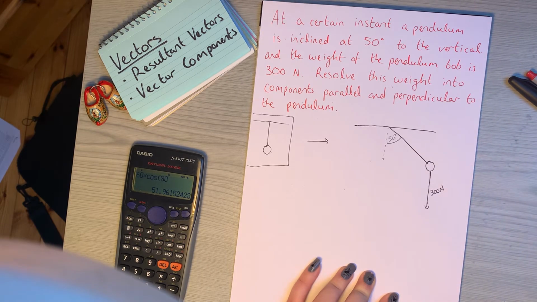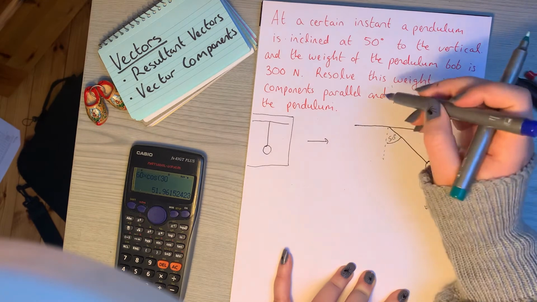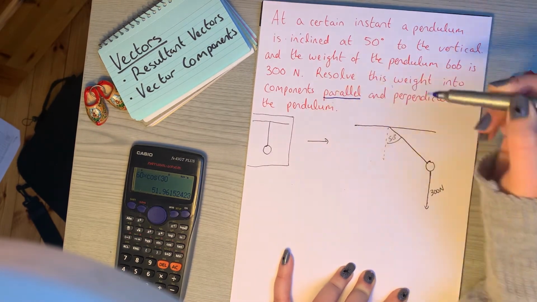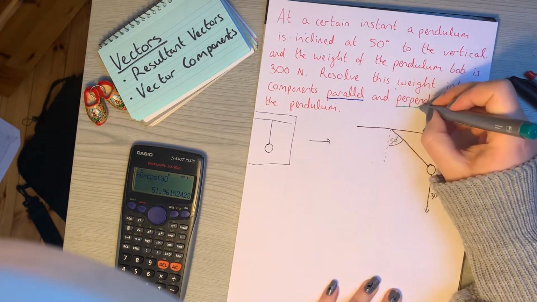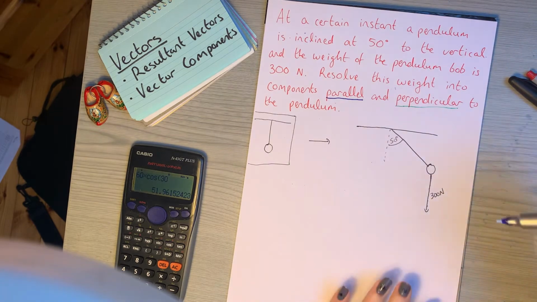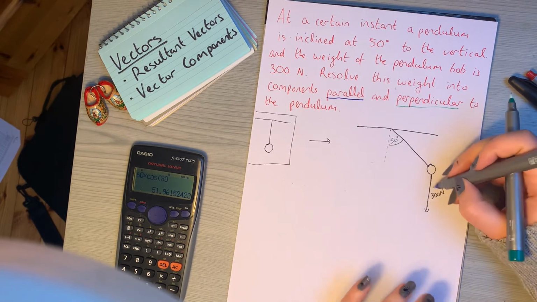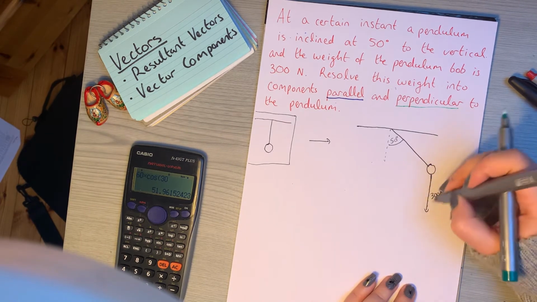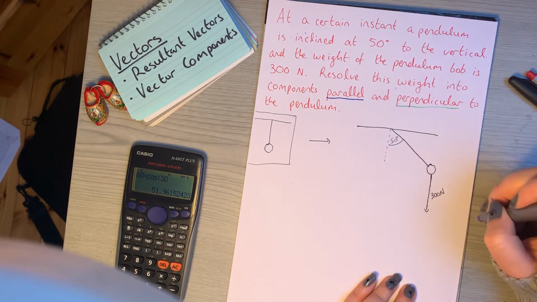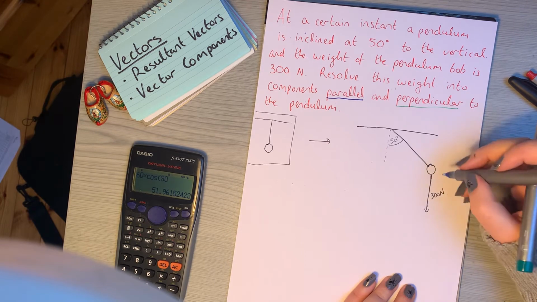So let's have a look. So I did parallel in blue last time, so I'll keep that. So I'll keep parallel as blue and perpendicular as green. Okay, let's have a look at parallel. So remember, we said parallel was the same slope, and we want to make a right angle triangle with this weight of 300 newtons.